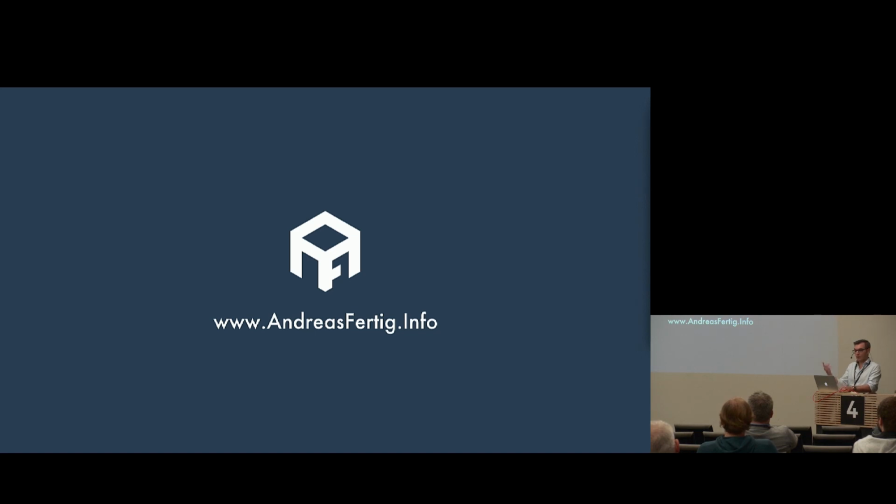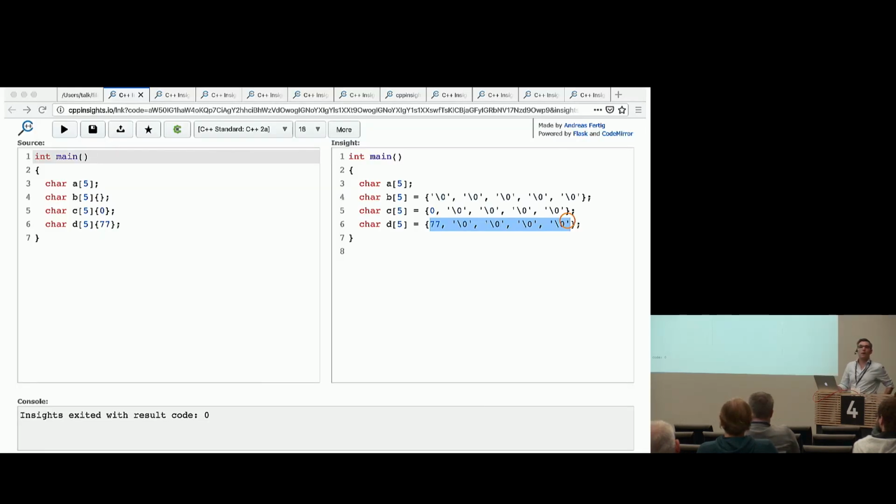Yes? Remind me, does the fact that you're using the curly brace there prohibit narrowing conversions on all of the elements? In other words, there are contexts in which the curly brace initialization prohibits a narrowing conversion. So what I'm wondering is, had you put a value, 77 there still fits in the character.